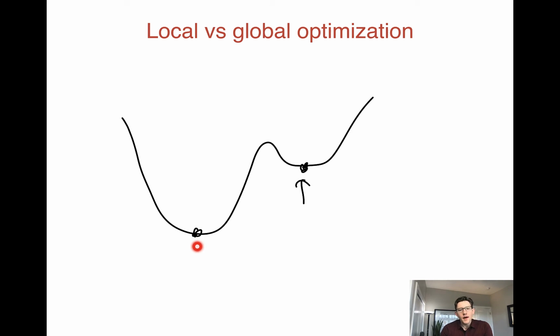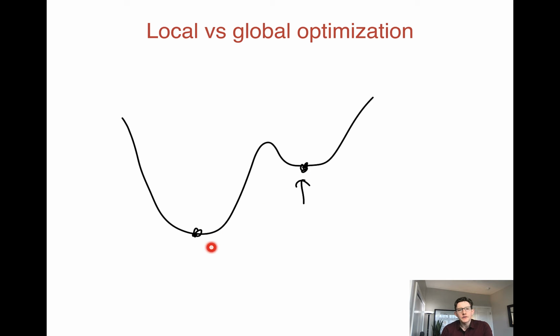So if it's a global optimum, that means that no other parameter value for our likelihood is better. Most of the methods that we're going to talk about look specifically for local optima.